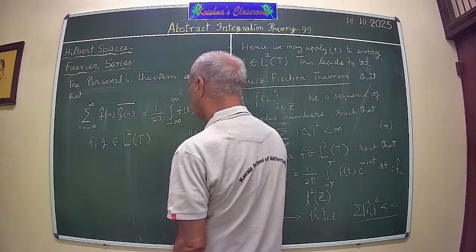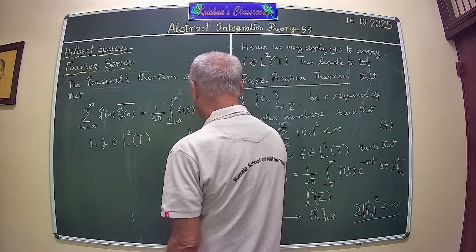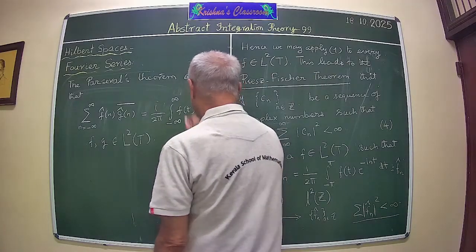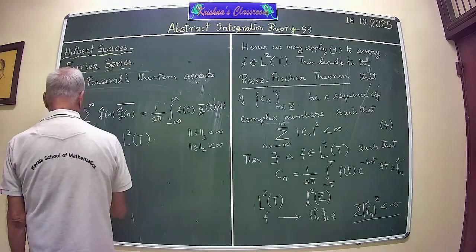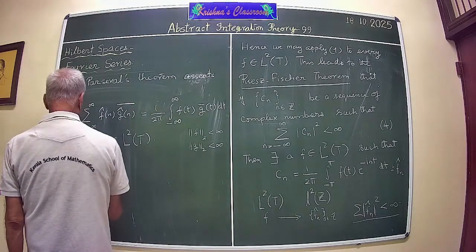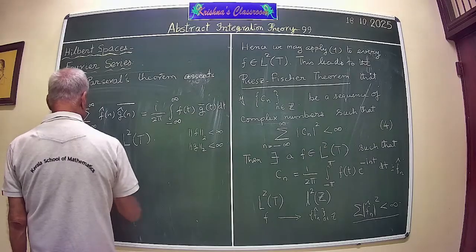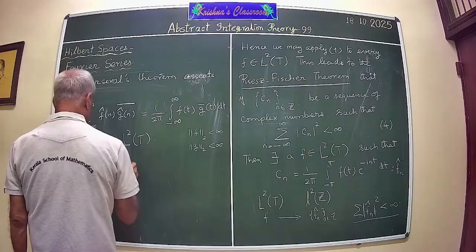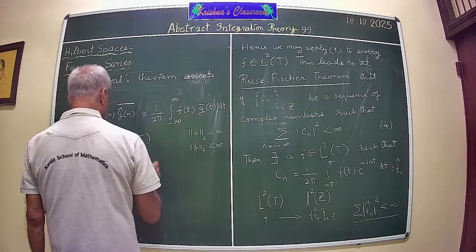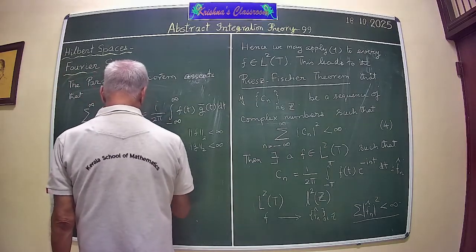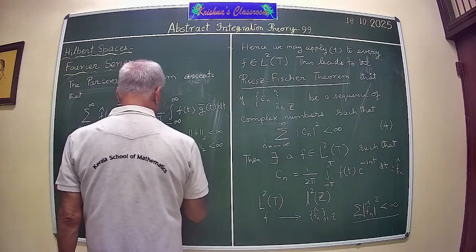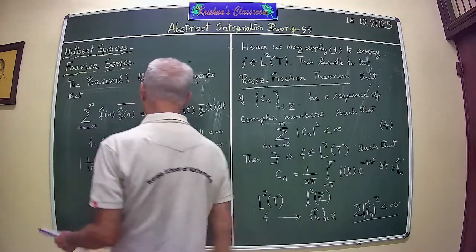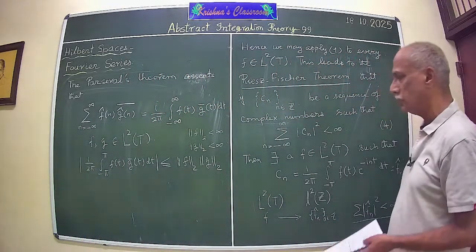Norm of f2 is finite, norm of g is finite, and you have the modulus of 1 upon 2 pi integral from minus pi to pi bounded by the norm of f2 and norm of g2.